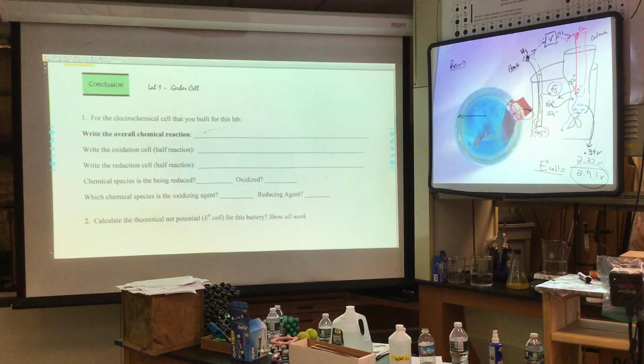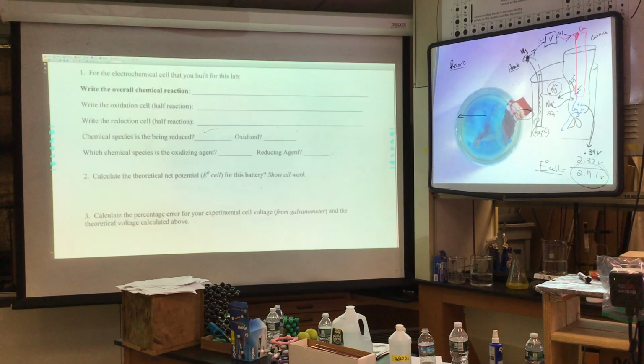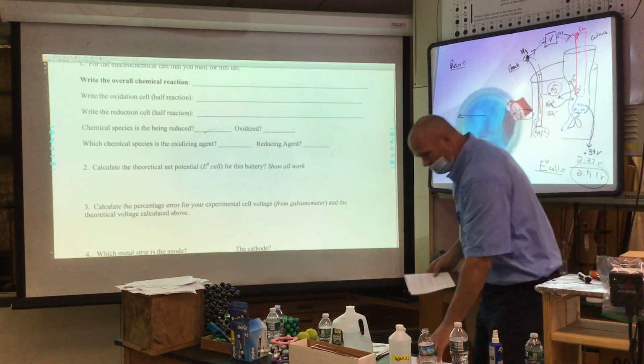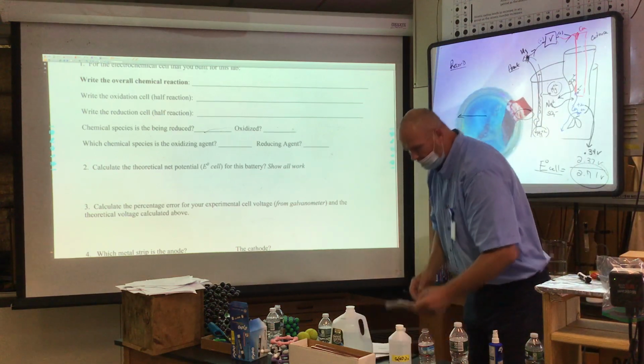Okay? Here we go. So we did a net potential. Now the next question is, calculate the percent error. For those that don't know, percent error is given to you in the Regents reference tables.